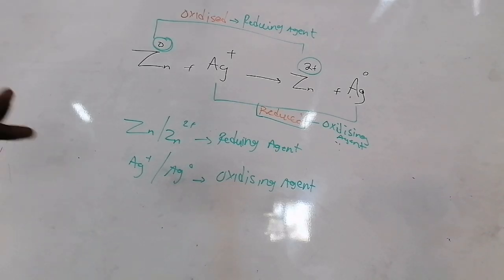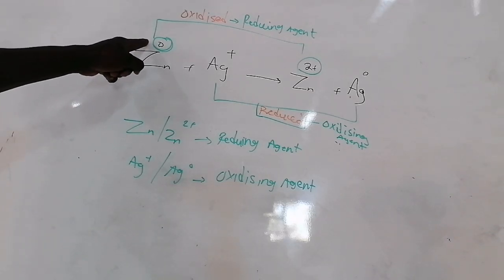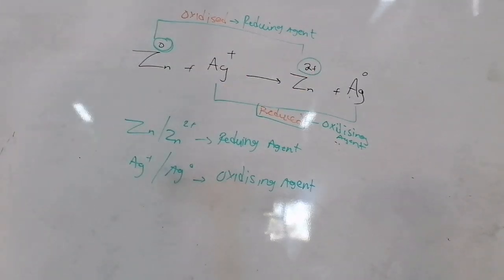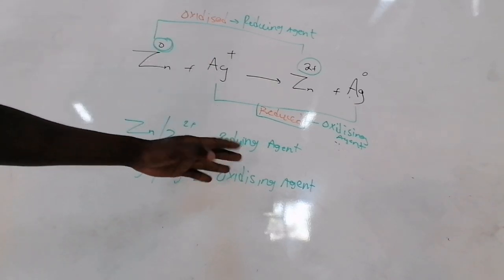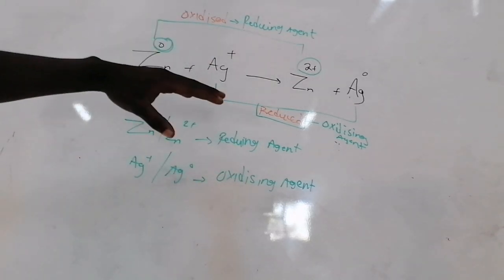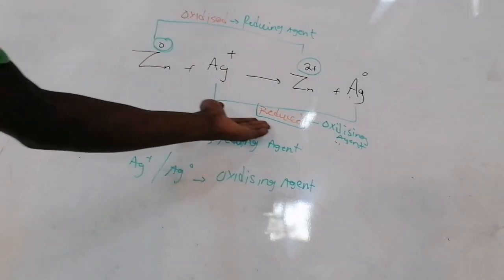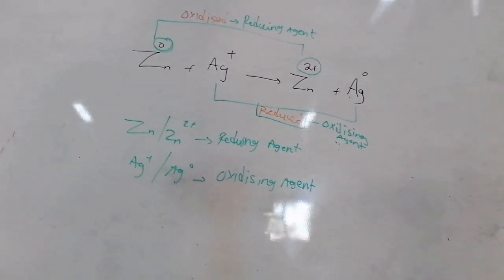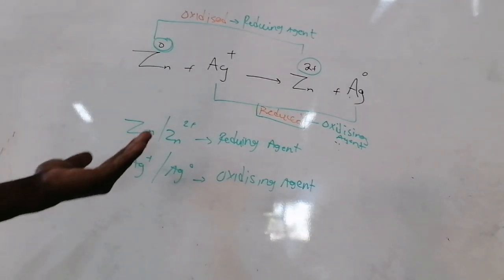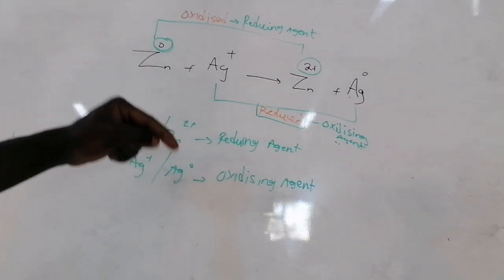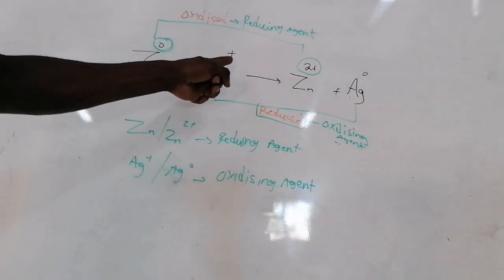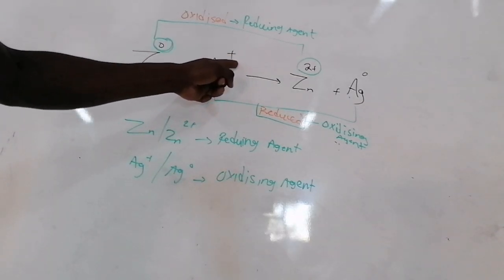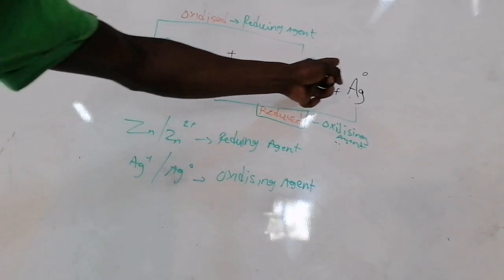Or you just say because there was an increase in oxidation number from 0 to positive 2, if they talked about oxidation. But when they ask why those elements undergo reduction, you say because there is a decrease in oxidation number, or you simply write that it decreased from positive 1 to 0.